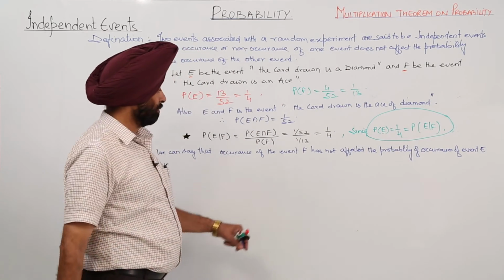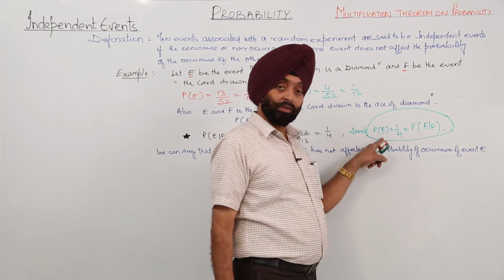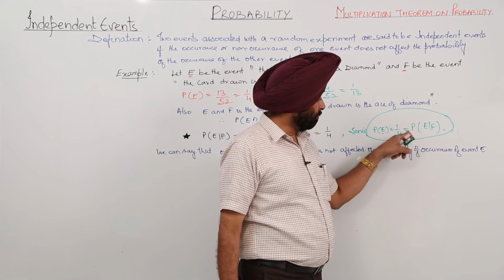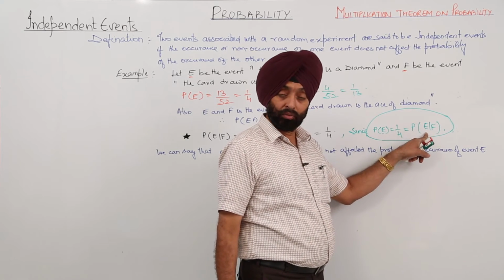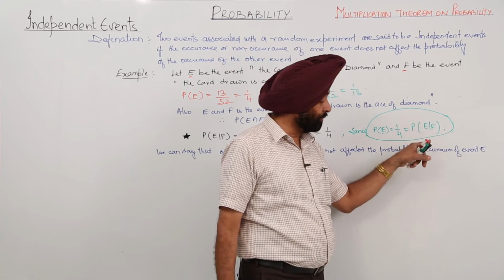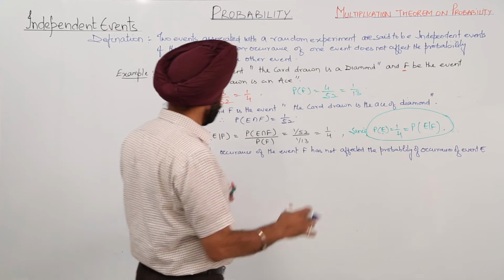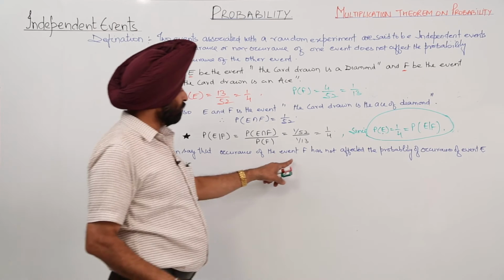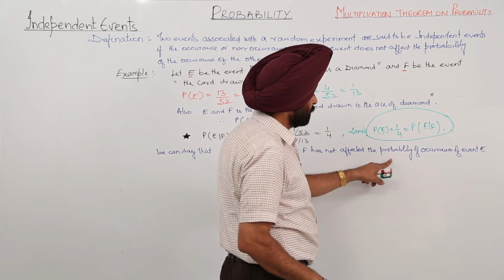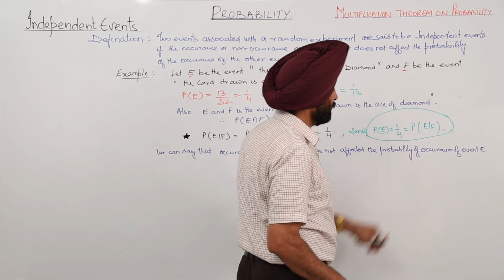From this statement, because the probability of event E is 1 by 4 and the probability of event E oblique F is also 1 by 4, we can say that the occurrence of the event F has not affected the probability of occurrence of event E.